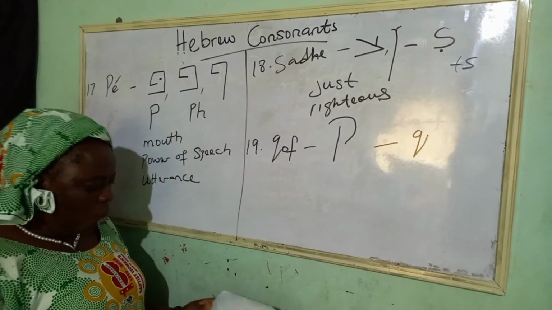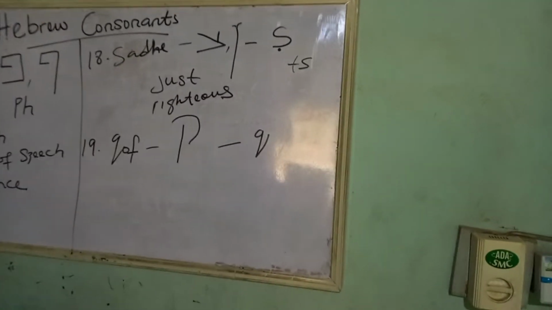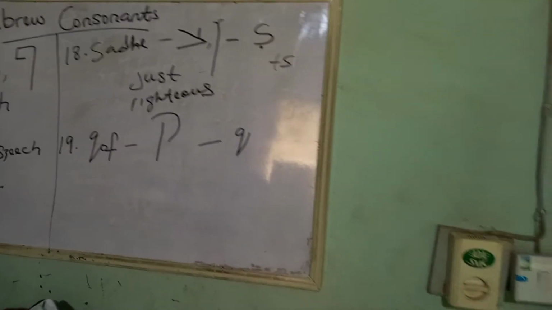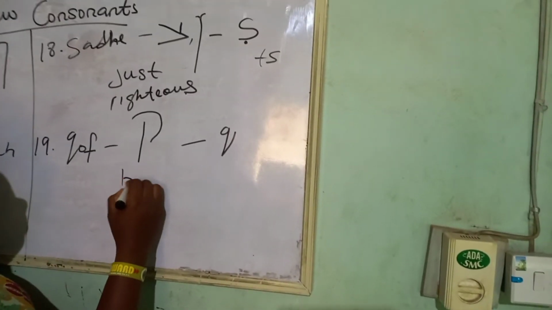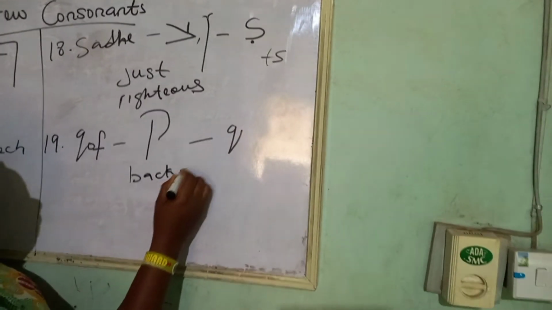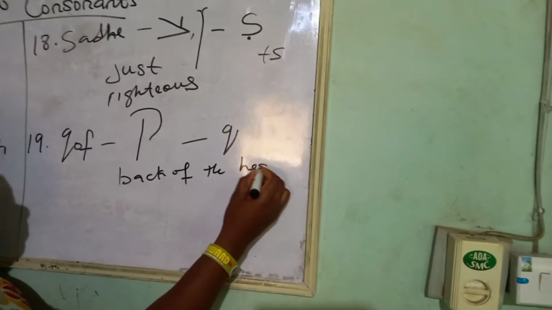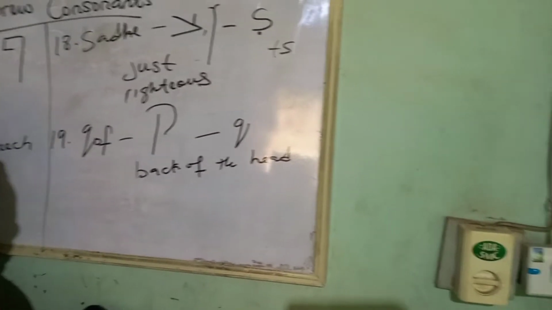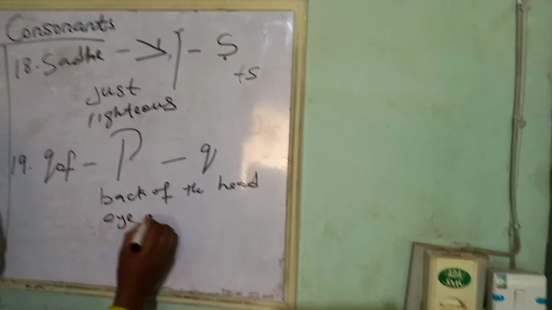And so Kof represents the back of the head, or eye of the needle.